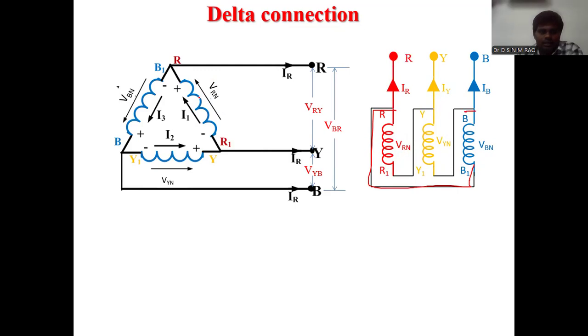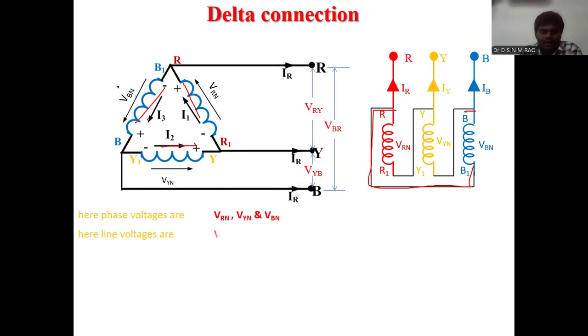Here VRN is the R phase voltage, VYN is the Y phase voltage, and VBN is the B phase voltage. These three are the phase voltages. Similarly, I1, I2, I3 are the phase currents.